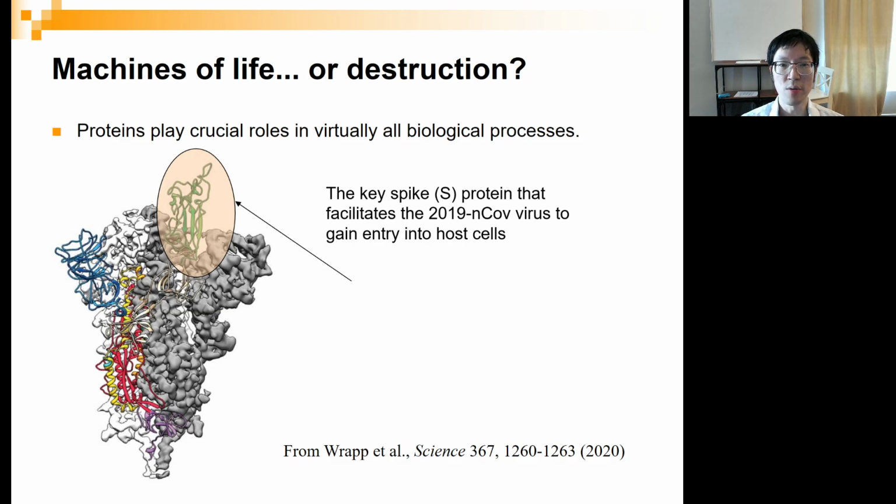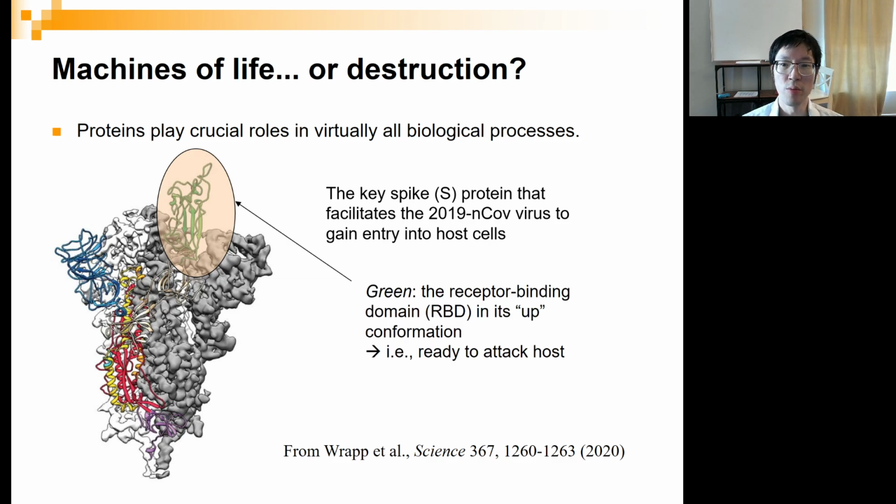This is known as a spike protein, in particular because of the functionality of this green part. It has a name, and it is called the receptor binding domain. And actually, it has two possible structural conformations.